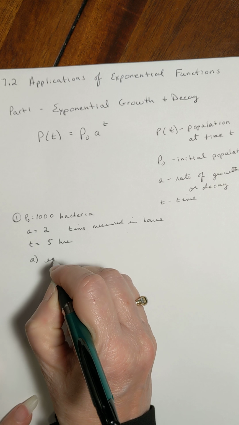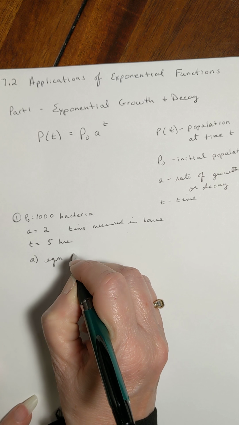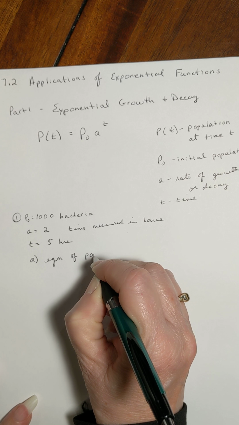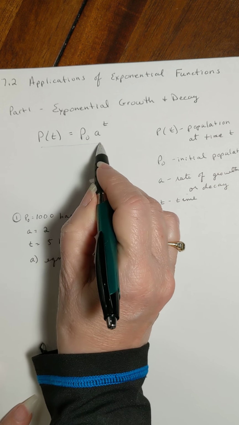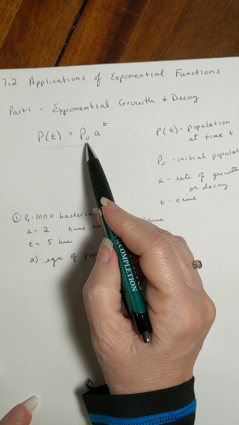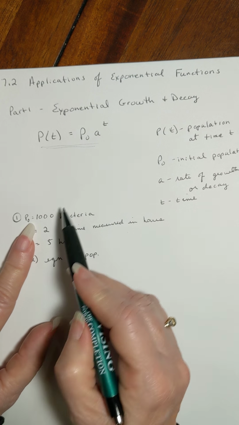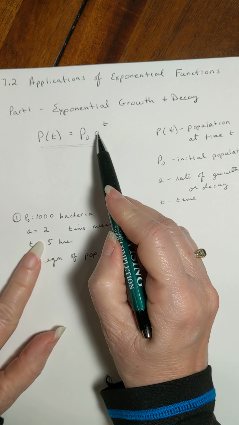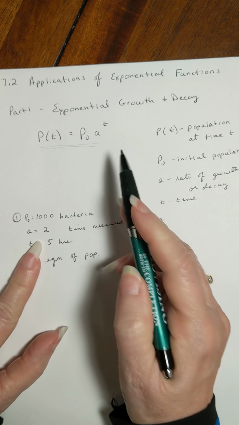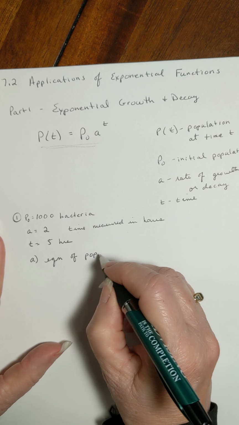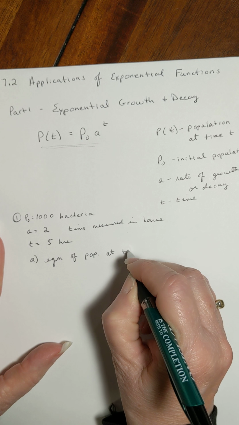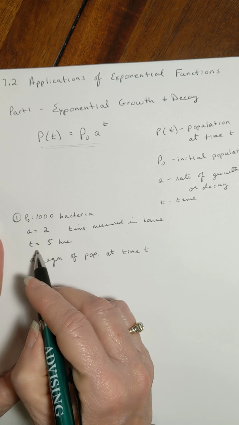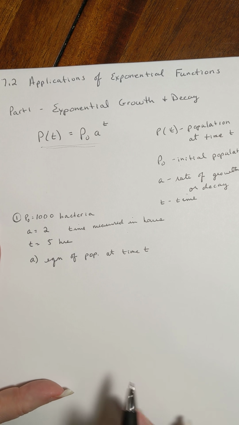So if we're looking for the equation of the population, we're just going to use this equation and plug in P0 is 1,000 and A is going to be 2. Now we want the population at time t, so I'm not going to use the 5 hours yet.